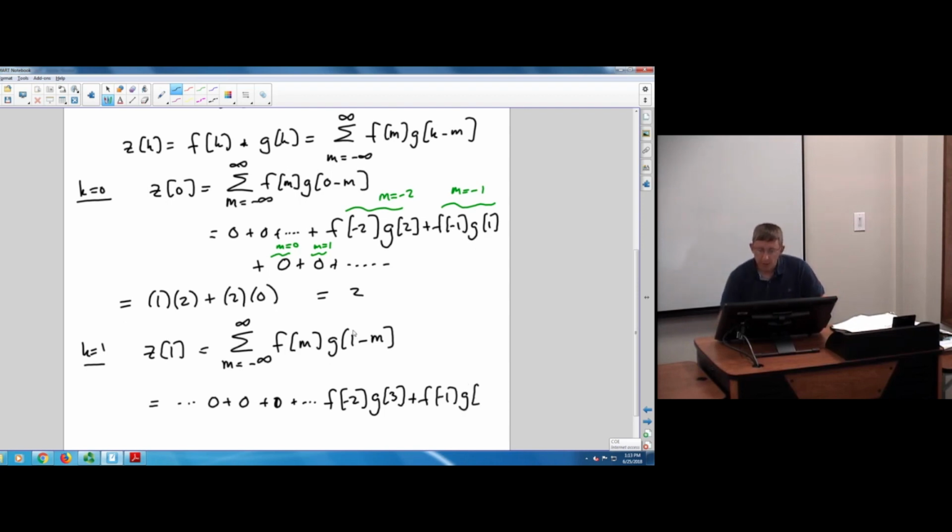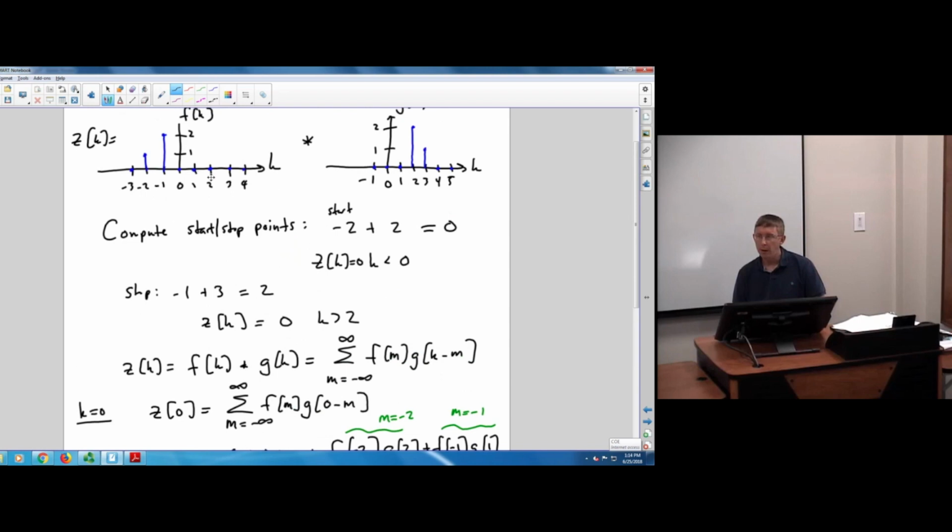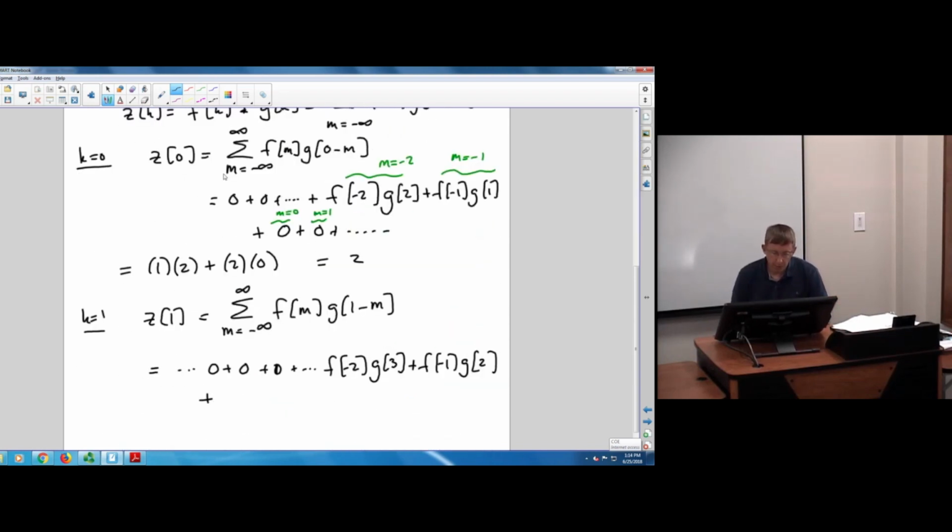G changes though, because now I have 1 minus minus 1, which is 1 plus 1, is 2. What about the rest of the terms? They're all 0 again because I go to f0, which is 0, and f1, f2, and f3, and f4. So I have a ton of other zeros here forever.